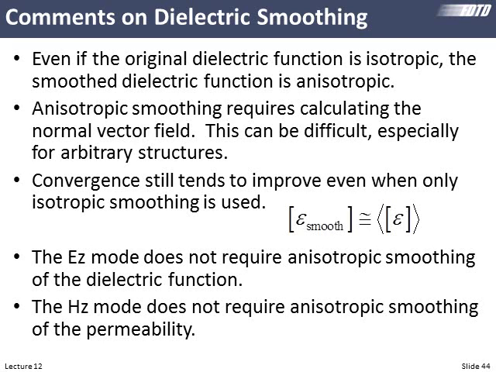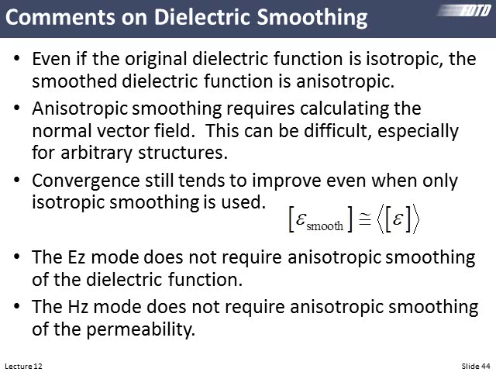The other thing to mention, if we think about what the E mode is, we're confined to a two-dimensional plane, and the electric field is out of that plane. That really means the electric field is always tangential to any interface. So that means just ordinary blurring will work. Likewise, in the H mode, we can just do ordinary blurring of the permeability.